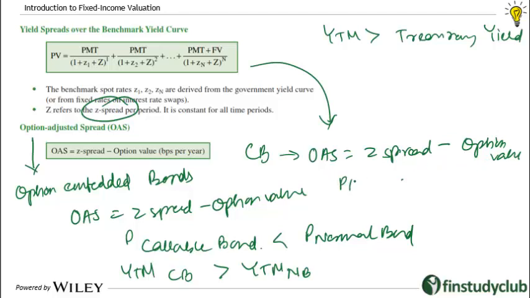And in case of a puttable bond, your OAS is going to be Z spread plus some option value, because this option works in favor of the investor, and hence the true spread is going to be greater than the so-called Z spread. So that's something that you've got to remember.